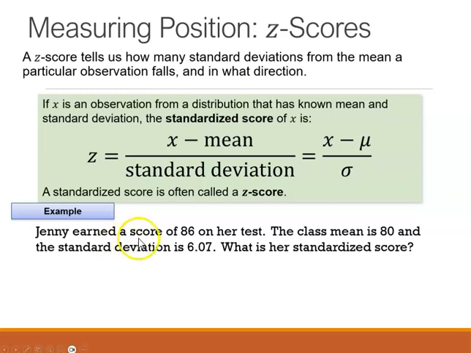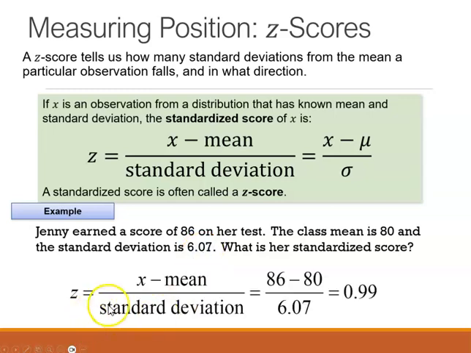So if we go back to the problem where Jenny got this 86 on her test, if we calculated, the class mean was 80 and the standard deviation was 6.07, her z-score would have been about 1.99.